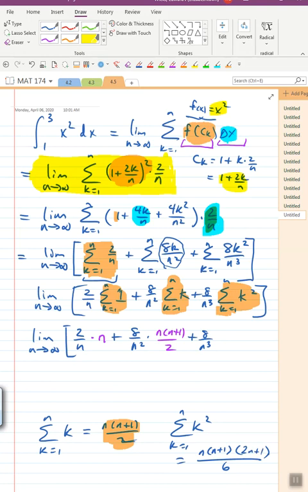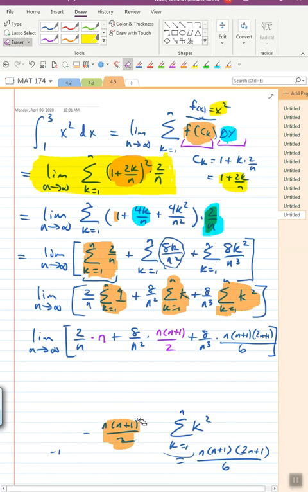Remember that? Okay, so this is why we talked about those formulas. If the terms in the function I'm trying to integrate are polynomial terms, I'm going to need these summation formulas for integral powers of k. K to the first, k squared, k cubed, and so on. Okay, with me so far?